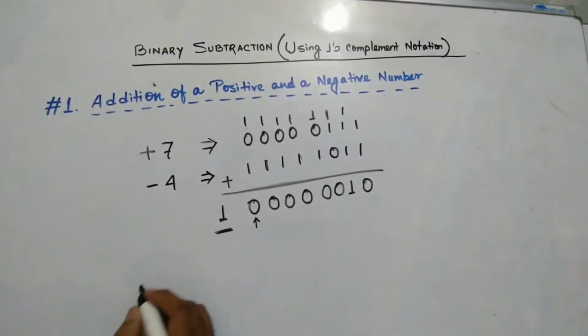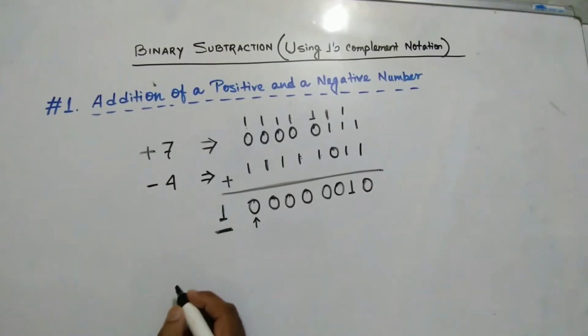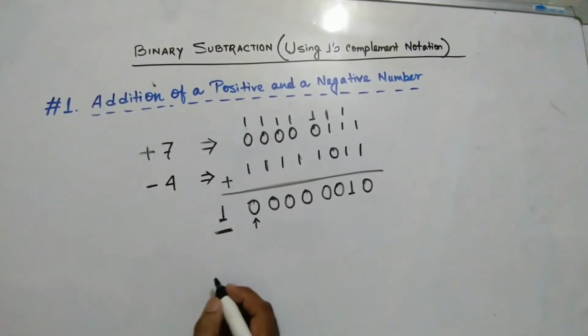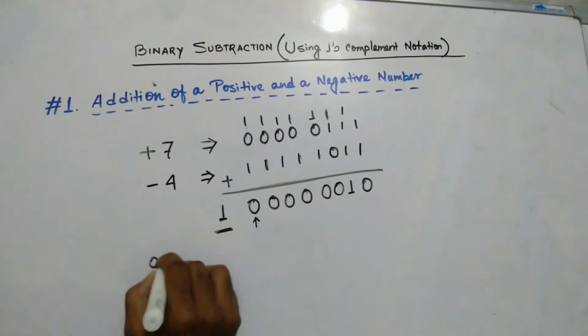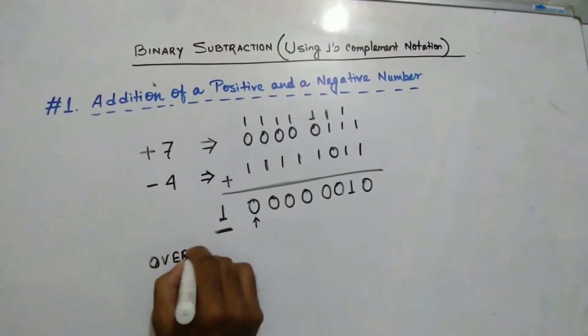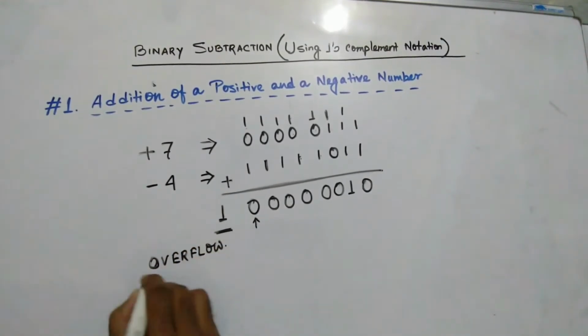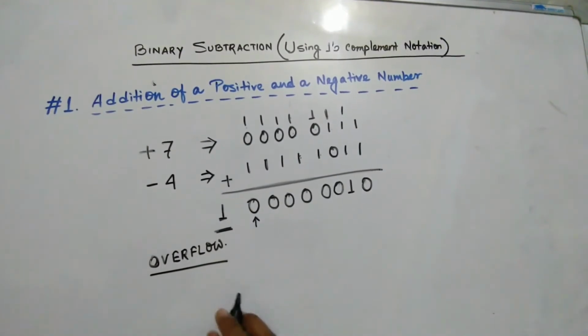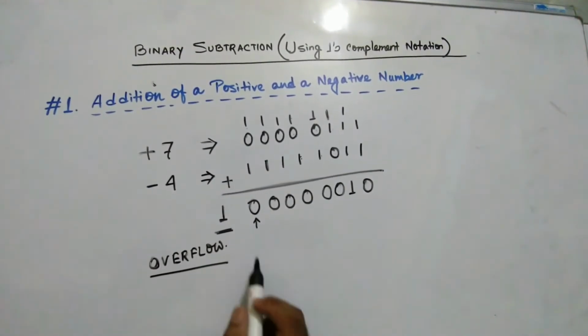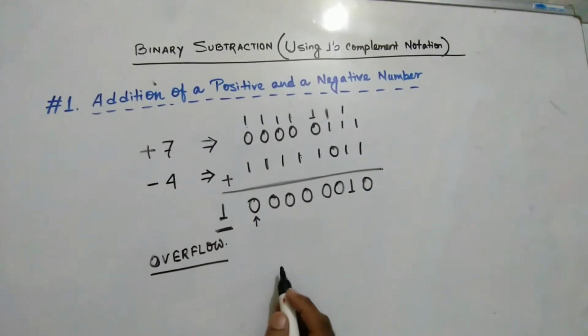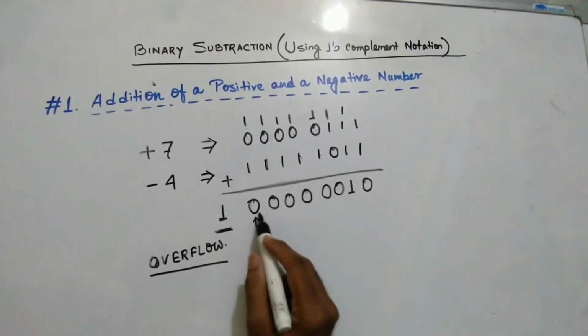So in case of a binary addition, when we are adding a positive number with a negative number, if any overflow is generated, this is known as an overflow situation. So if any overflow is generated, then this bit is to be added with the least significant bit of the sum.